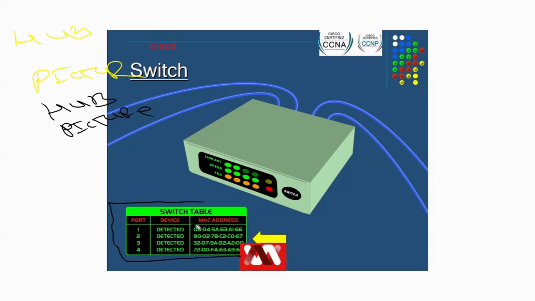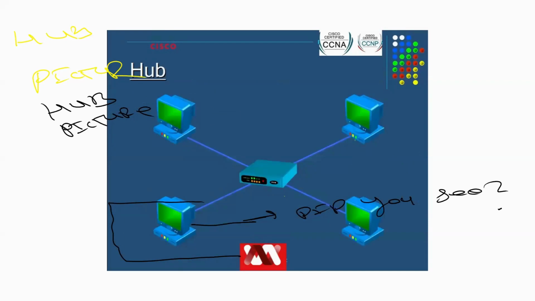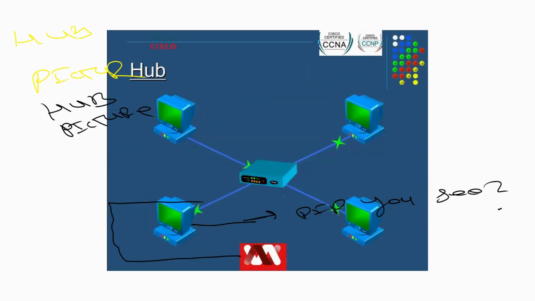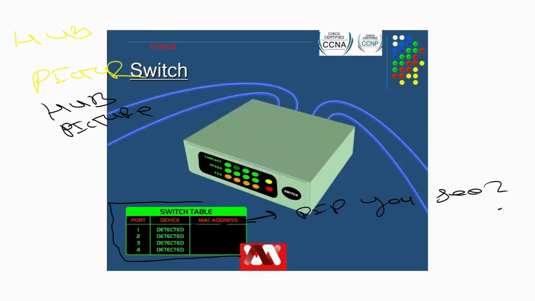You would not see any MAC address there. Did you see any MAC address stuff? We can go back as well. See here, did we see any? No, right? Just port and device detected. But when you come here, what do you see? You see a MAC address table as well.